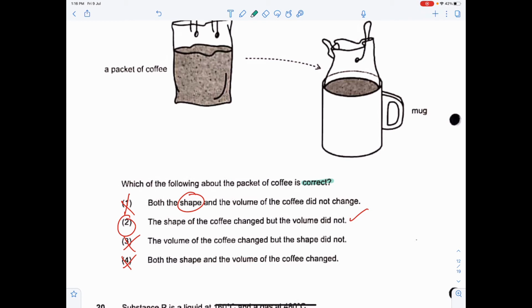Are they asking you for incorrect or are they asking you for correct? Because many times students get this kind of question wrong because they did not read carefully what the question is asking for. And usually these questions ask for things like incorrect, and the students will look for things that are correct. So be very careful. This is how careless marks are lost.